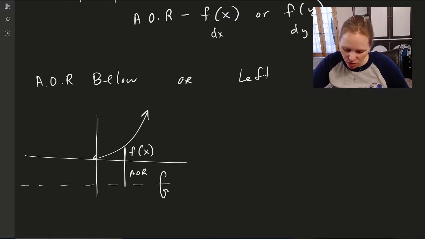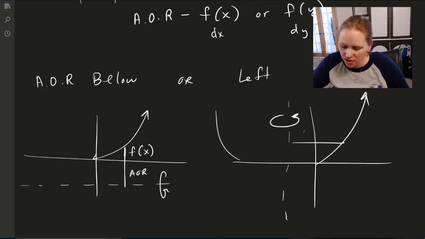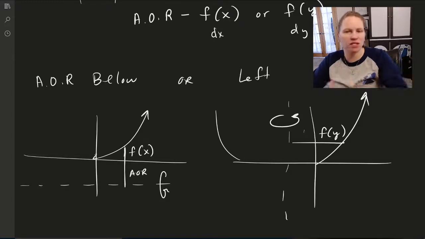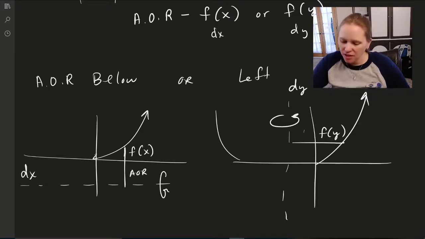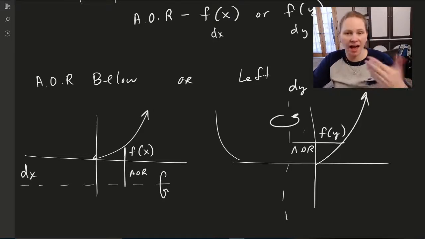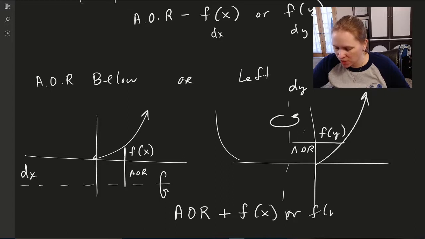So if you're below or to the left and you're revolving over here, then this radius, you're going to add to it. So here's your axis of revolution, here's your function of y, right? So this would be a dy setup. So dy, this would be dx. And you would take that axis of revolution and you would add it. So axis of revolution plus f of x or f of y, depending on your setup.